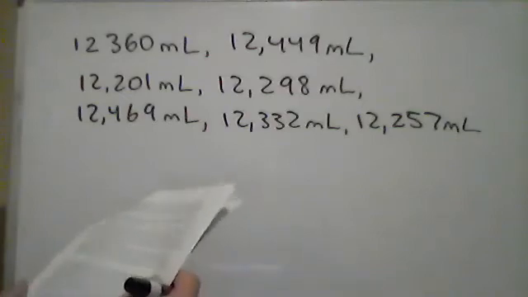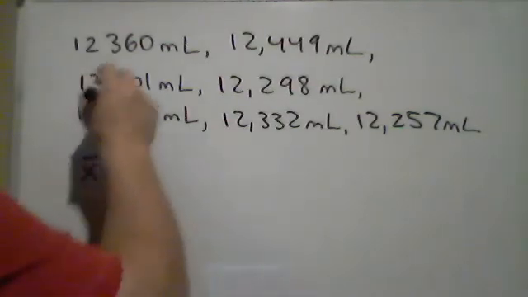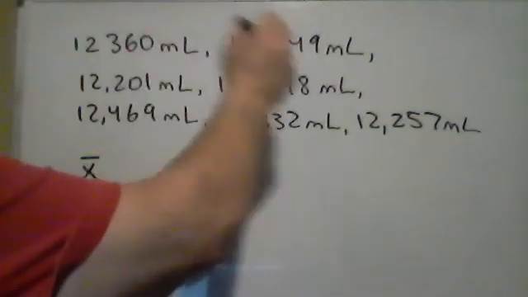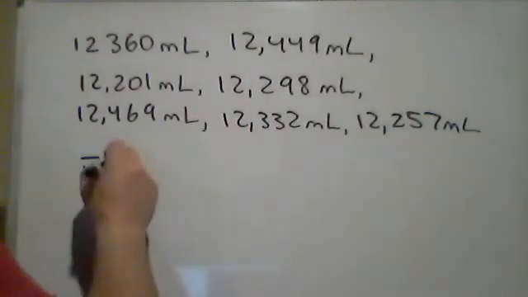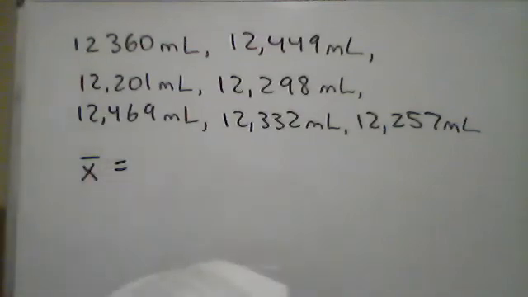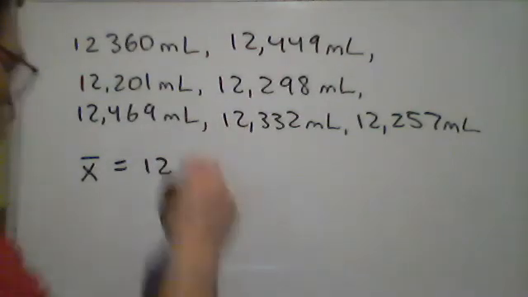So he calculates the average. I'm not going to go through that; it's the same calculation as before. We call these values X1, X2, X3, X4, X5, X6, X7. Going through the same calculation, the author finds that the average is 12,338.